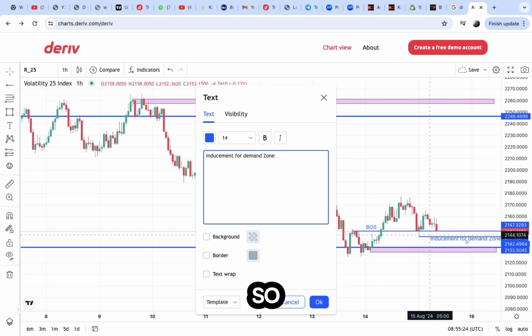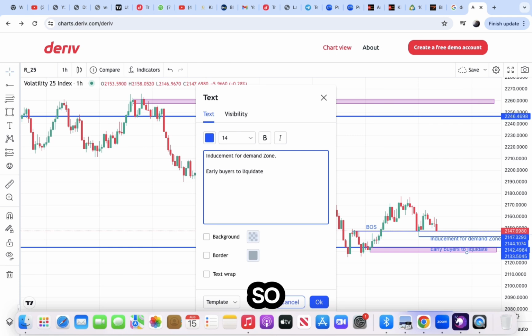Like I've said, it didn't touch our demand zone, so it will be an inducement for the demand zone to induce buyers, or maybe we can call it early buyers to liquidate.